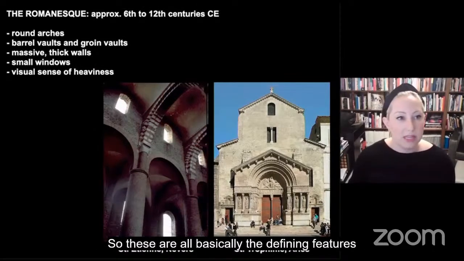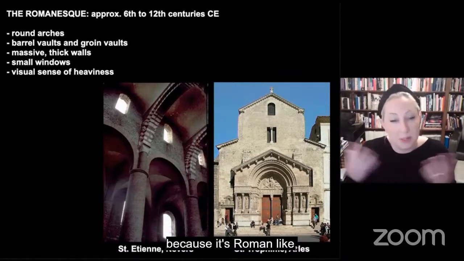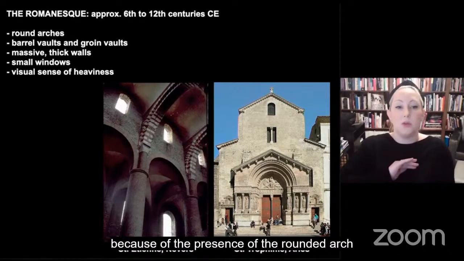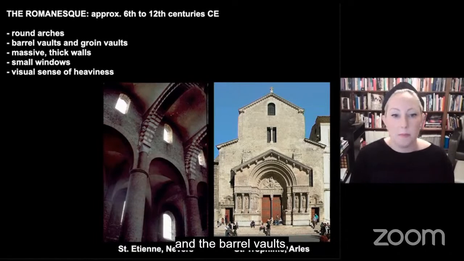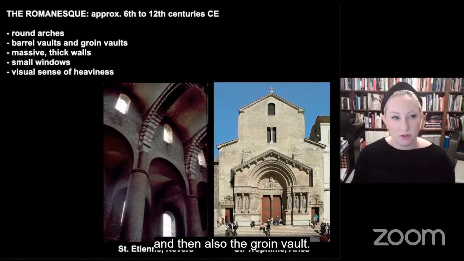So these are all basically the defining features of what we call the Romanesque. We call it the Romanesque because it's Roman-like. It's kind of like Roman architecture because of the presence of the rounded arch and the barrel vaults, but adding on the crucifix form of the Christian church, and then also the groin vault.